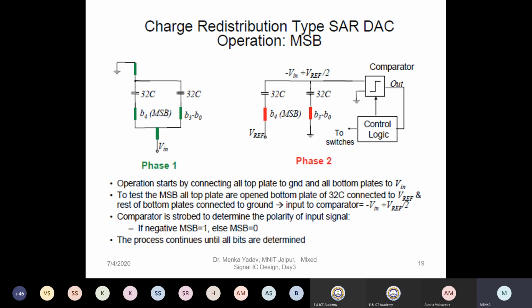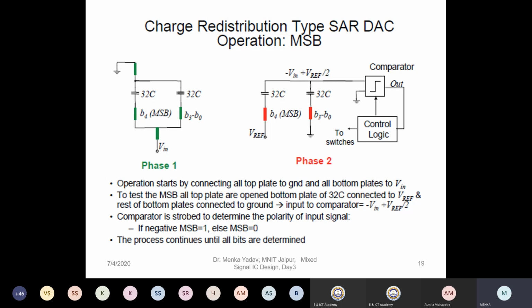So, first of all, the operation will start by connecting all the top plates to the ground. We have provided a switch at the top plate. So you have to connect the top plates to the ground and the bottom plates to VIN. So if it is so, the 32C and 32C means 64C total capacitance is there.